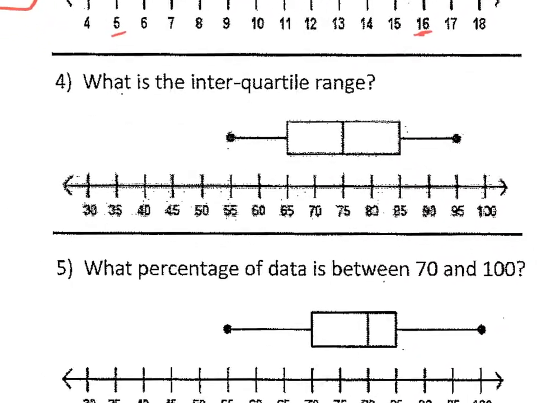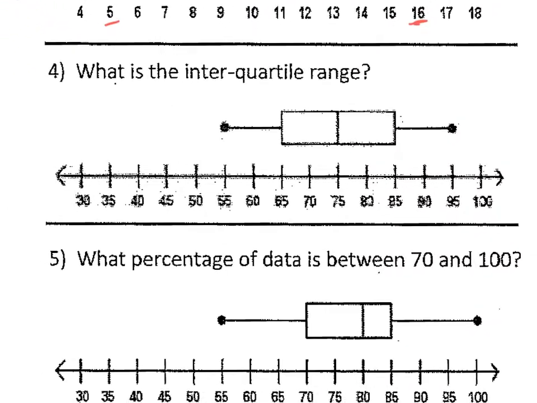Number 4 is something you haven't seen yet. Interquartile range. Inter means in. The quartiles are these little notches that create the box. So Q1, Q2, and Q3. So if it asks for the interquartile range, what do you think that you're going to do?